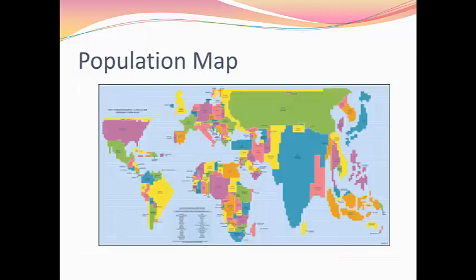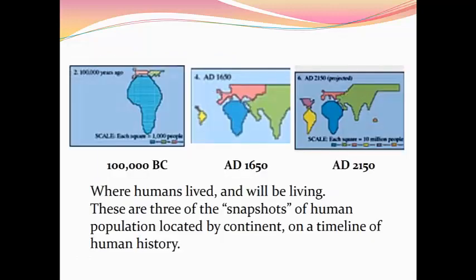Here's a map I really like called a population map. So the size of the region is dependent upon the population of that region. The bigger the country, the more people who live there. So for example, we get a snapshot of where humans lived and where they will be living.